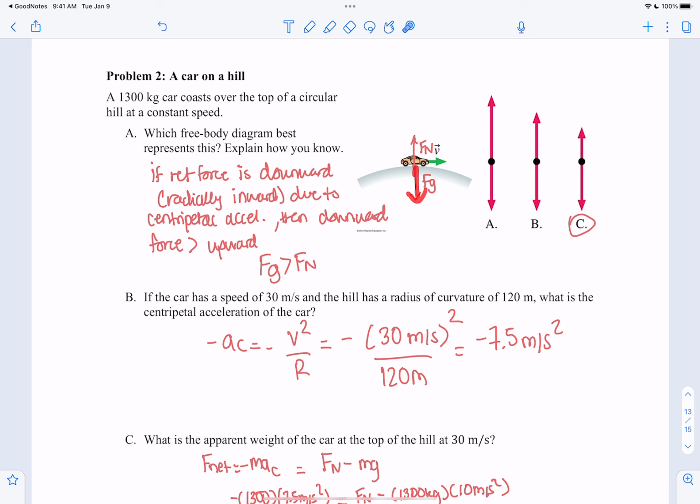And that centripetal force has to be greater than the other forces along that axis in order to have some kind of centripetal acceleration, right? Because otherwise, if Fn is larger, then the F net is equal to MA. It's not equal to MAC anymore, right?